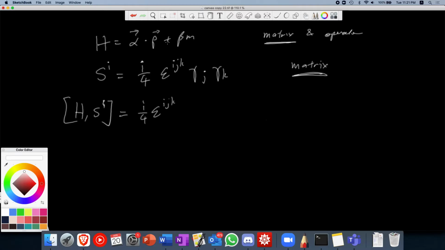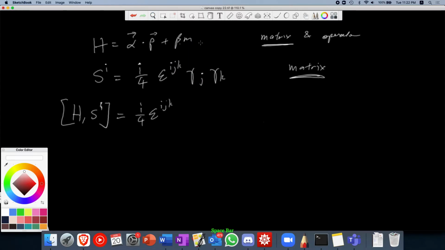Now once again beta m. Now you realize that beta m is a matrix as well. So both these objects have to be in a commutator. You have to care about them.